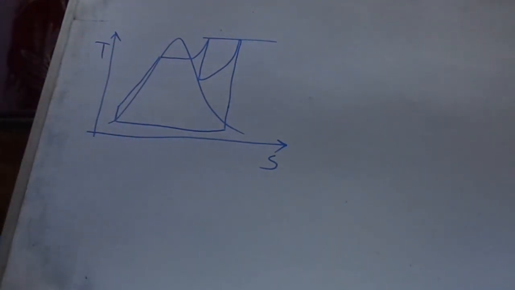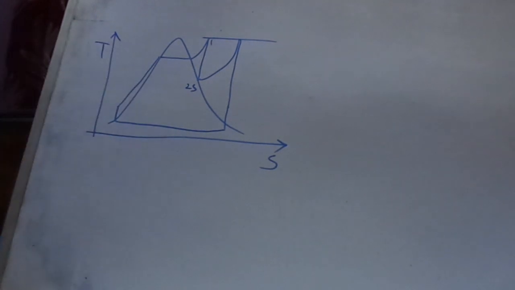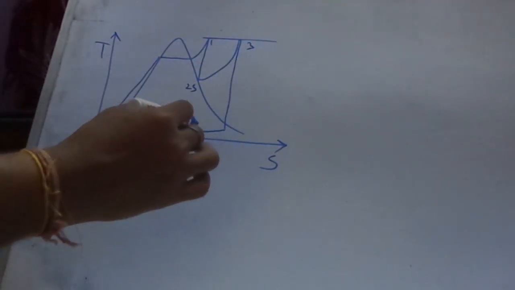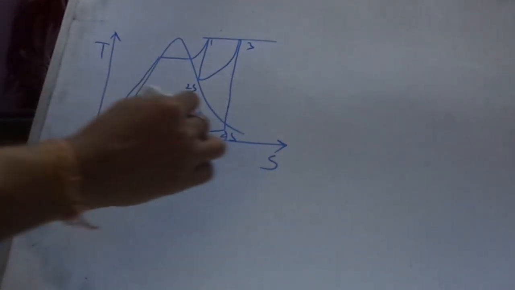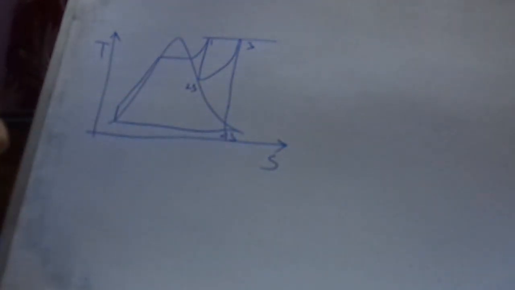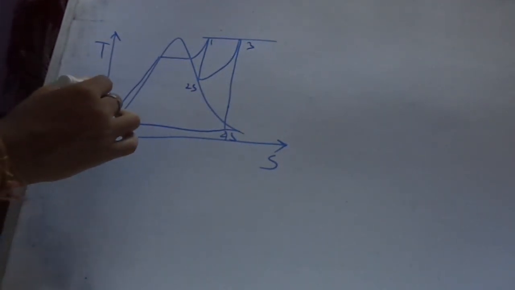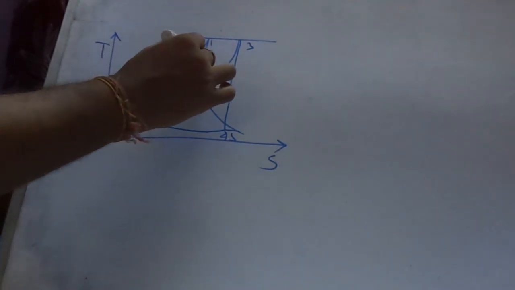This is 1, this is 2s, that is 3, that is 4s, that is 5, 6s.